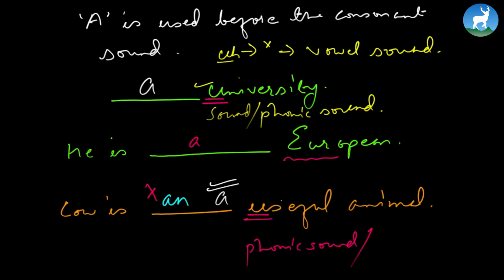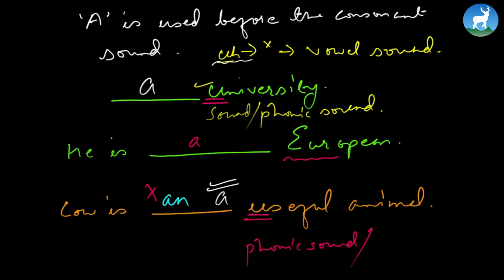Why? Because the very beginning of the pronunciation, useful, is as if Y and U are coming together. Not a phonic vowel U. So we focus more on the vowel sound. Cow is a useful animal.